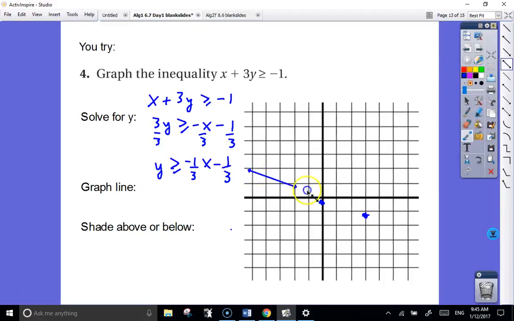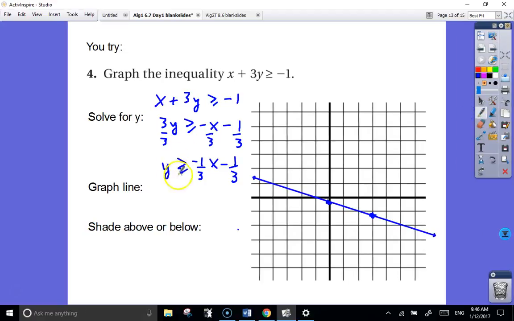It's about like that. That is actually not great. That'll be good. Now, do I shade above or below? It says greater than here, so that means go above the line. Okay, so that's graphing a two-variable inequality.